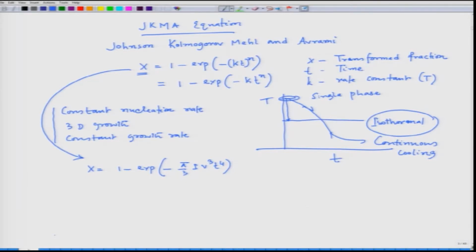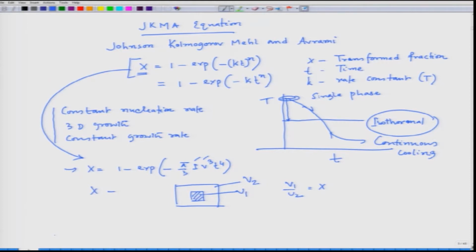So, if we try to compare this equation with this, we can see that x, which is the fraction transformed, means if we have a particular volume, and a particular phase forming, this volume is V1, this initial volume is V2, so then V1 by V2 would be the x. So, this x can be plotted with respect to time, and this I and v, we know those expressions.